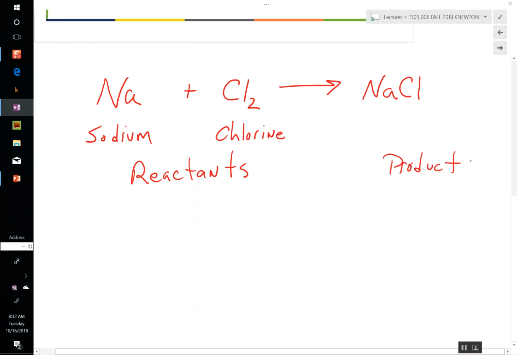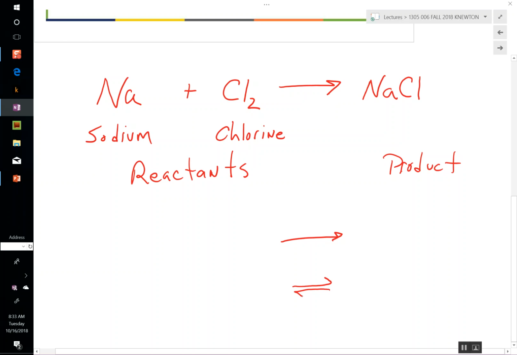All right, so just kind of get some of the simple aspects of this. There's usually an arrow, sometimes like this, which means that sodium and that chlorine is being converted into sodium chloride. It's moving in that direction. It's not particularly a reversible reaction.